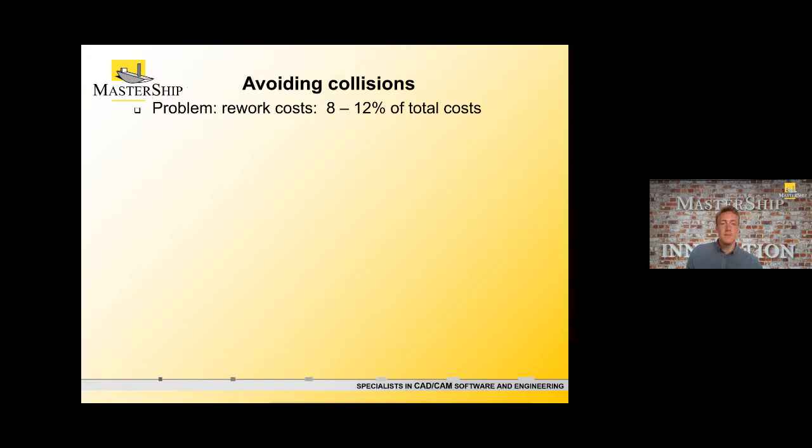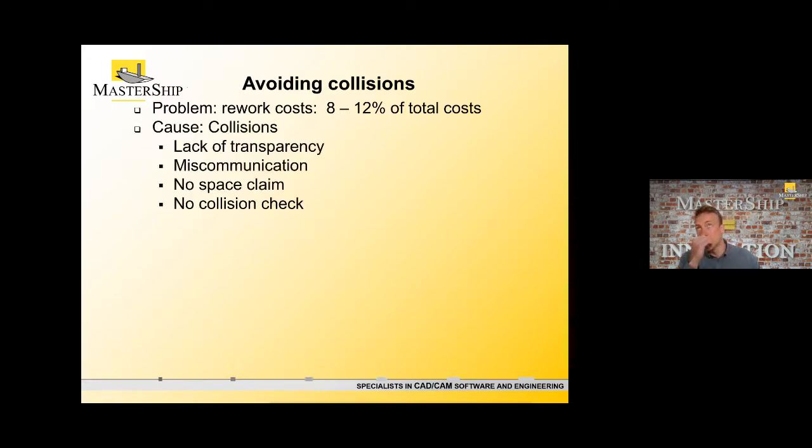Yes, indeed, Tufail. Thank you very much for this introduction. So we have identified a few causes for the happening of collisions. One is a lack of transparency between the different disciplines or the different subcontractors. And one is miscommunication, either between subcontractors or between the draftsmen or project managers, etc. So there are in fact 2 types of collisions.